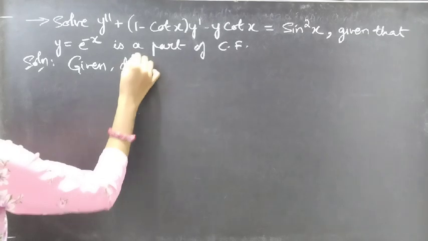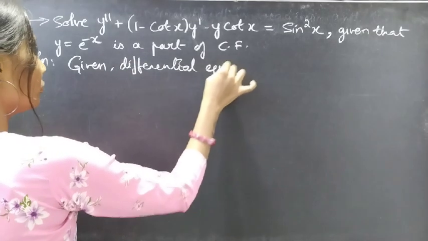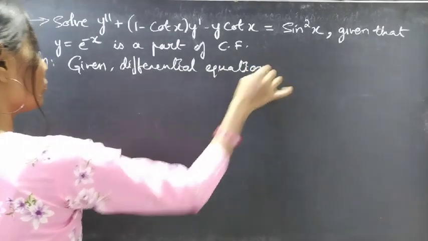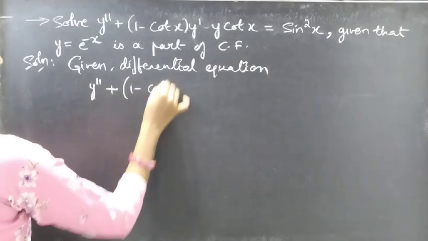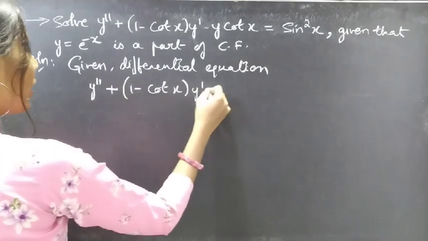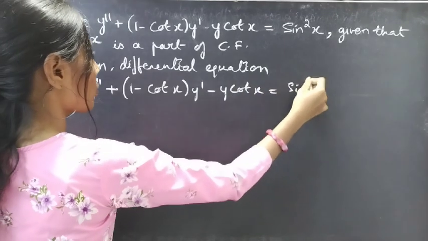Given differential equation, y double dash plus (1 minus cot x) into y dash minus y cot x equal to sine square x.